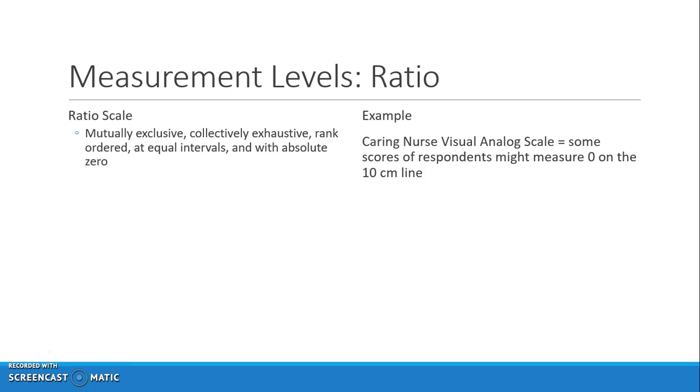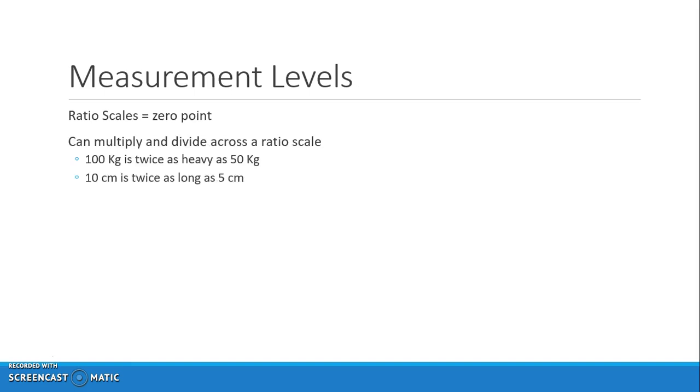So that gets you into the magnitude idea, in that you can say twice as caring, and so forth. So on the caring nurse visual analog scale, the respondents might answer 0 on a 10 centimeter line because they had a disastrous experience. In that case, you would treat the data as ratio level data for your participants' data.